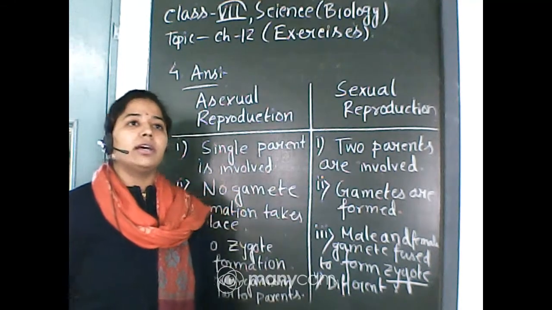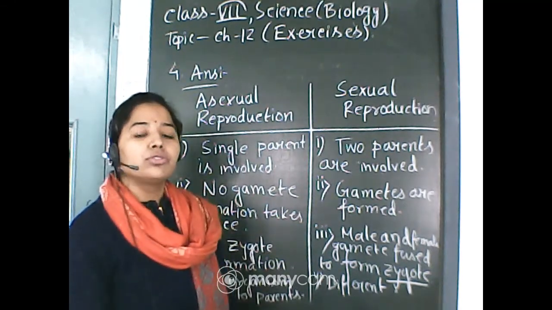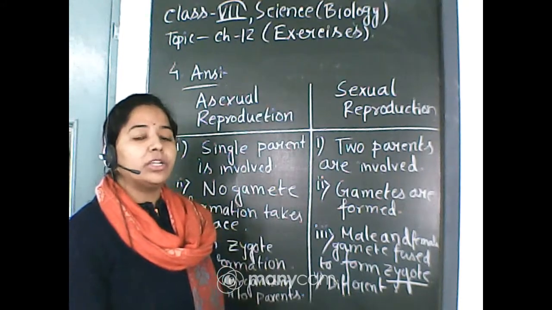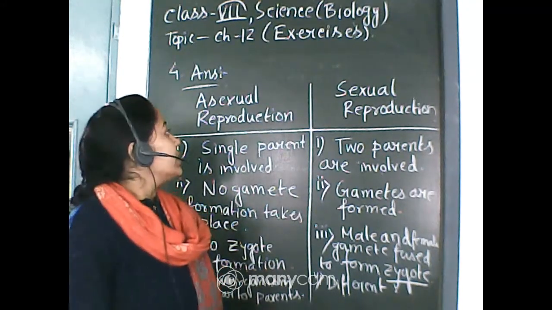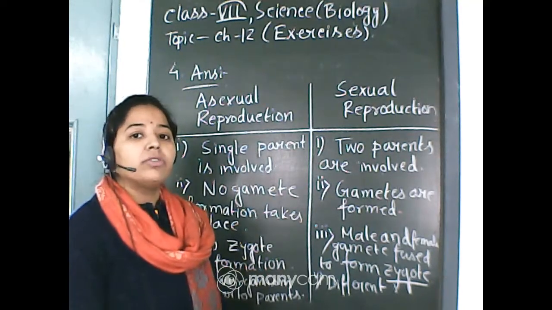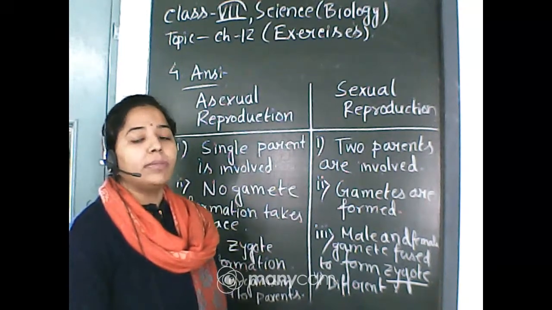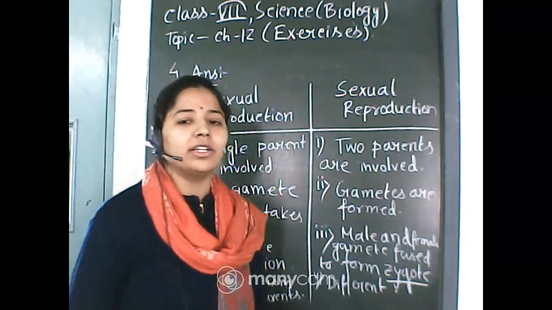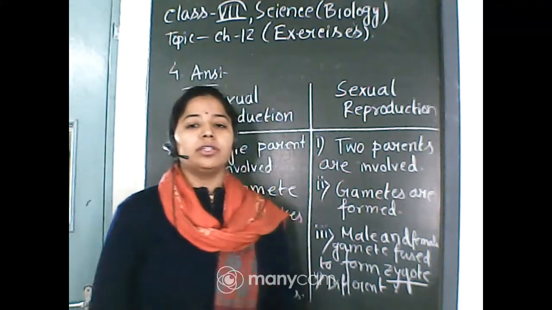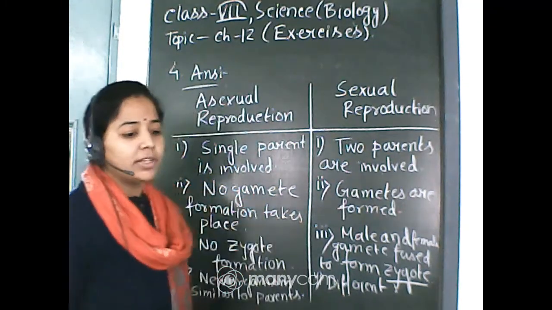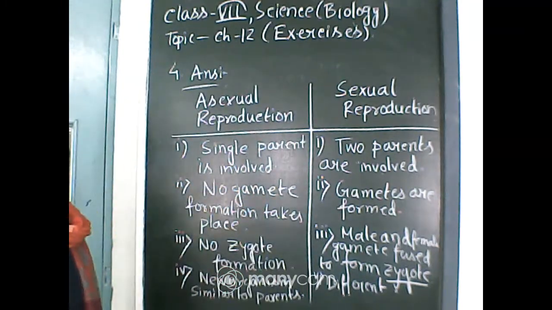You can see from your book also, fragmentation and budding come under asexual reproduction, and asexual reproduction mainly takes place in unicellular organisms, while sexual reproduction takes place in multicellular organisms. So these are the differences I have discussed on this topic. I hope you understood. You can copy this answer.